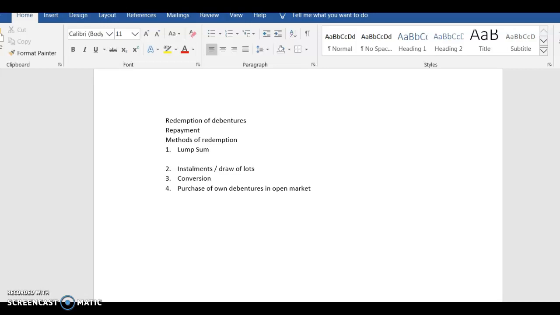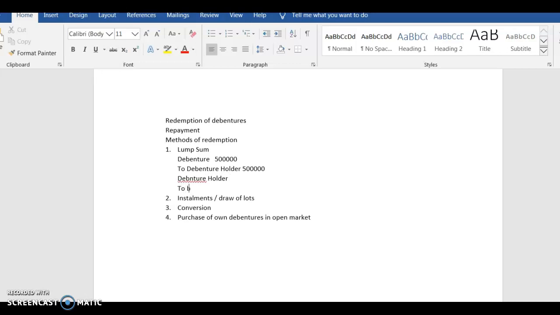I just gave you the example of a 5 lakh rupee debenture. What will be the entry when you will be redeeming it, or rather when it becomes due? The entry will be debenture to debenture holder, 5 lakh, and when you actually make the payment, it will be debenture holder to bank.